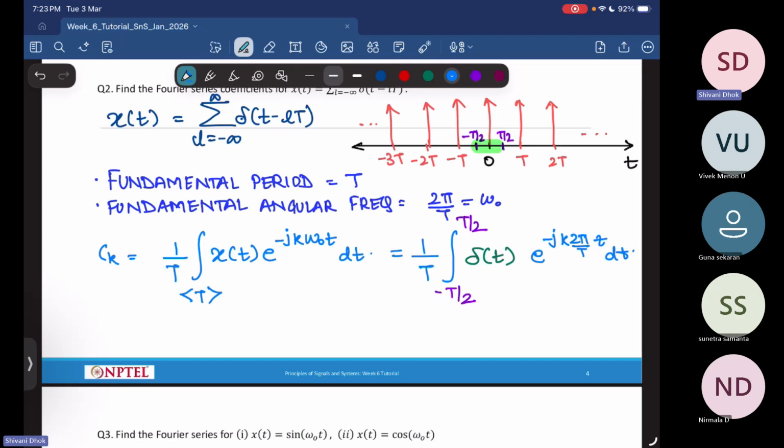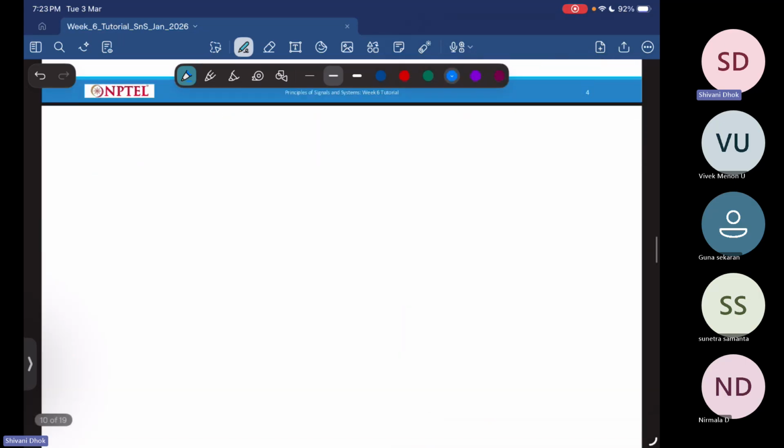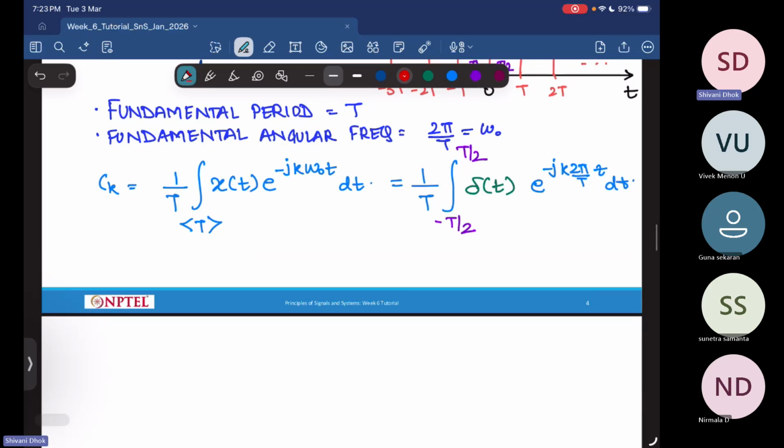Now this is a unit impulse function. So this is like f of t into delta t. So therefore you will get f of 0. So you will have delta t as it is into e power minus j k 2 pi by t into 0. So this thing now is equal to 1. So this entire thing becomes delta t.